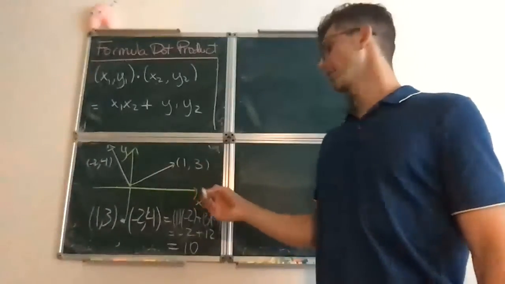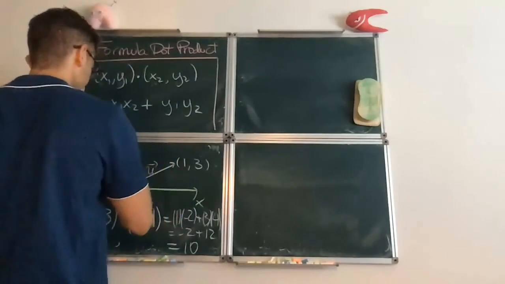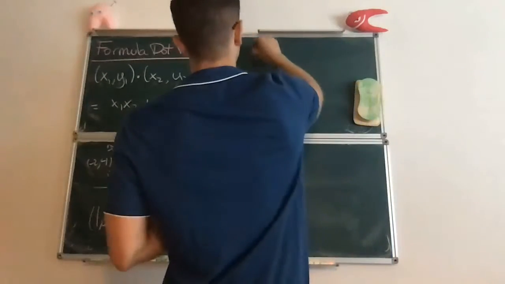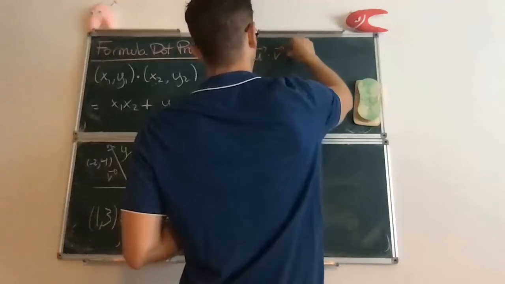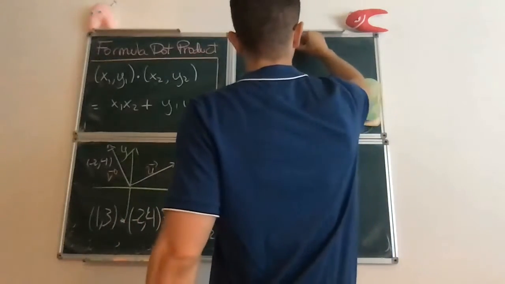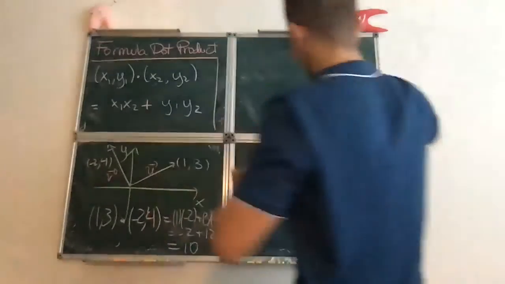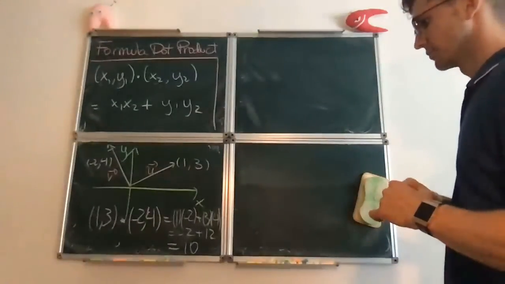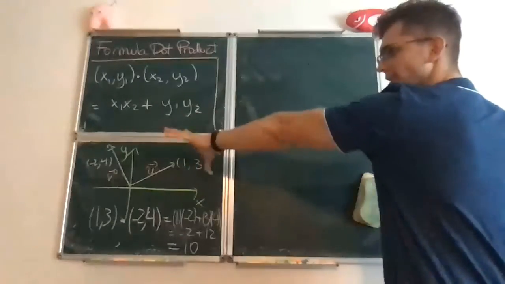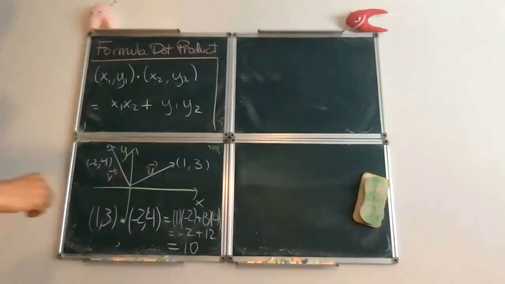On the other hand, remember this is U, this is V. On the other hand, we know that U dot V is supposed to be, well, maybe I'll do this in a second, let's put this on hold. Okay, so we know that that product is 10.